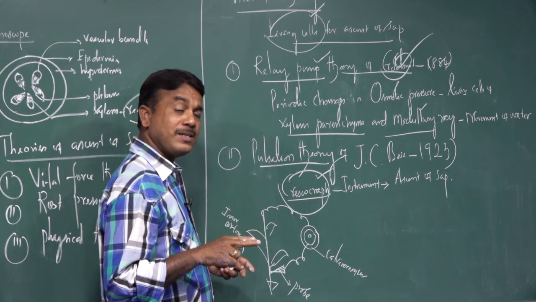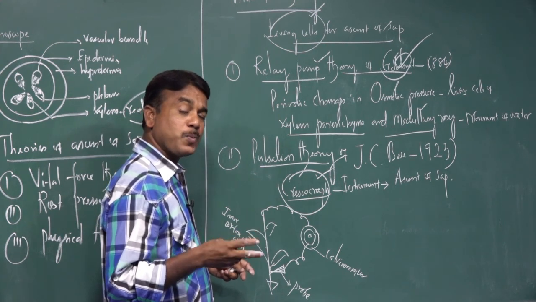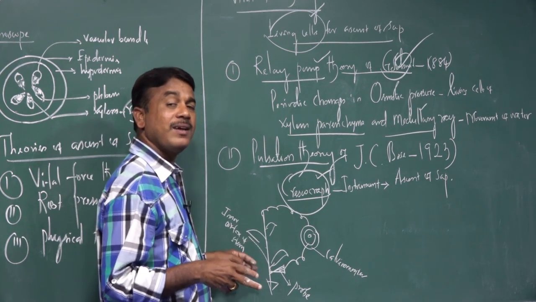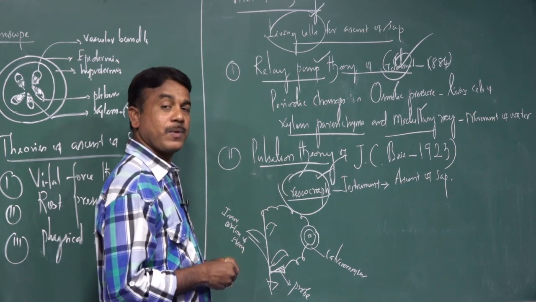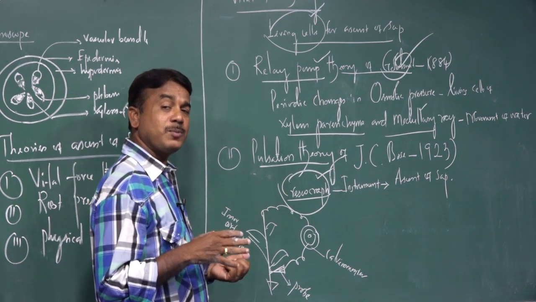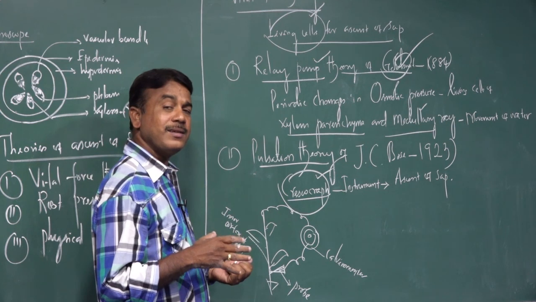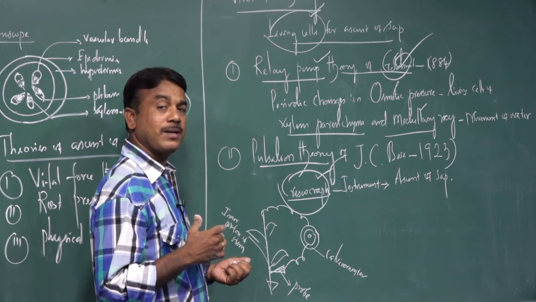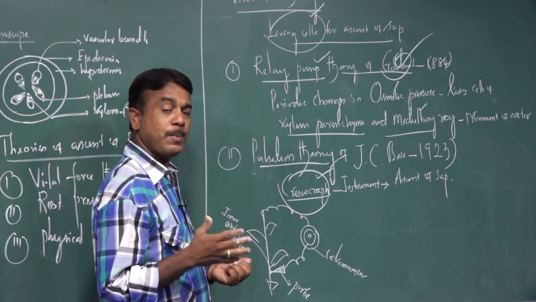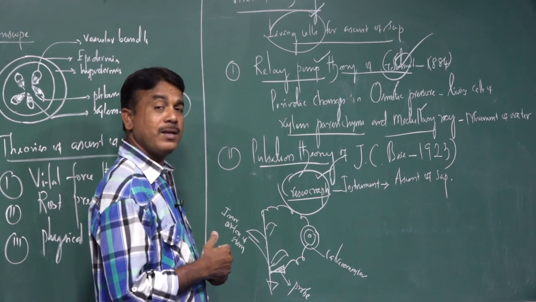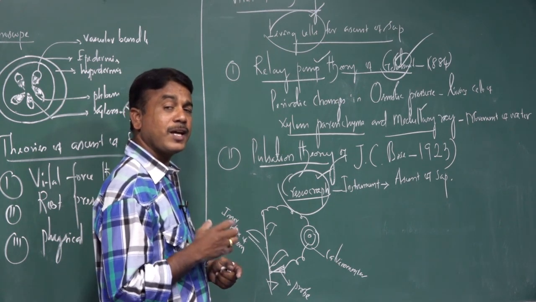That rhythmic pulsation is created in the inner cortex of the cell. The pulsation is similar to a heartbeat, like lub, dub, lub, dub. Finally, J.C. Bose concluded.